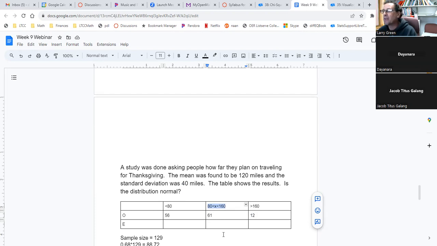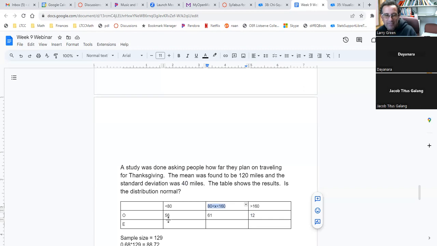The hint is it comes from the empirical rule. That was 68%. Do you remember that? 68% is within one standard deviation of the mean when you have a normal distribution. That was the empirical rule.